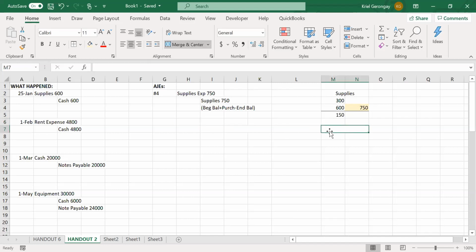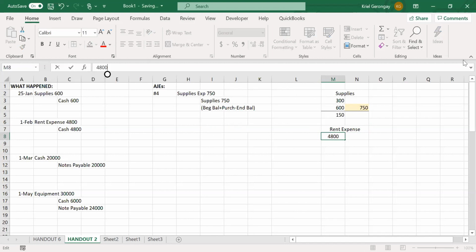So what your account looks like right now for the rent expense is 4,800. But if you look at the number of months, from February 1st: February, March, April, May, June, July, August, September, October, November, December, 11 months. So if you want to figure out the monthly amount of this 4,800, you're going to do 4,800 divided by 12, which is 400.